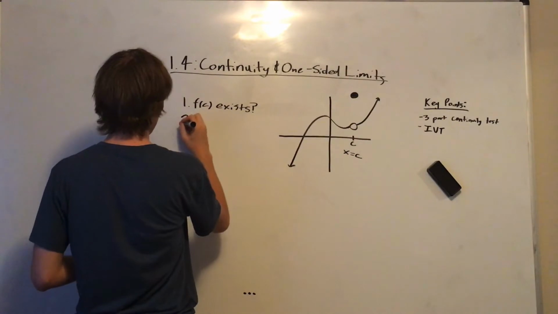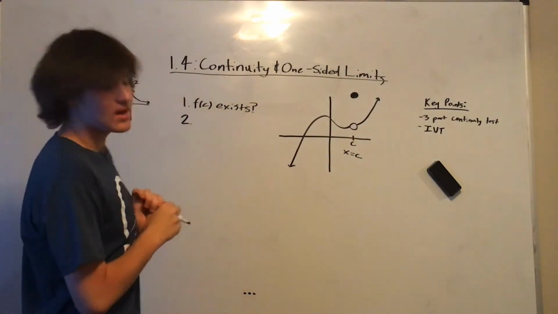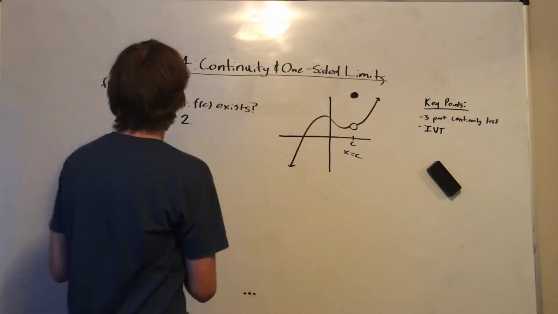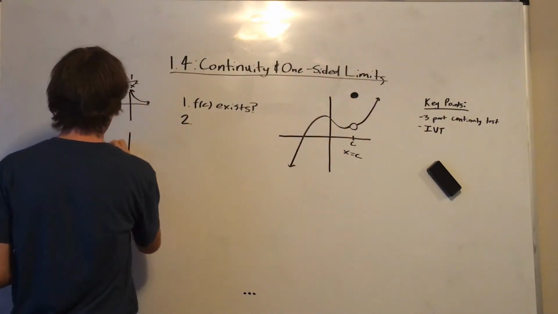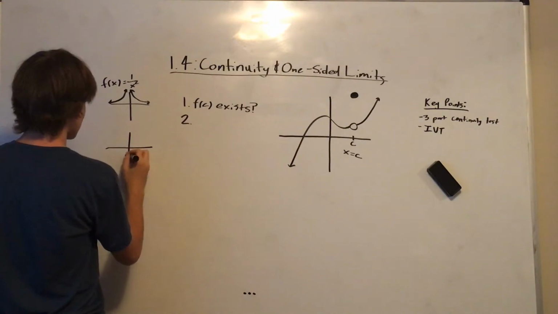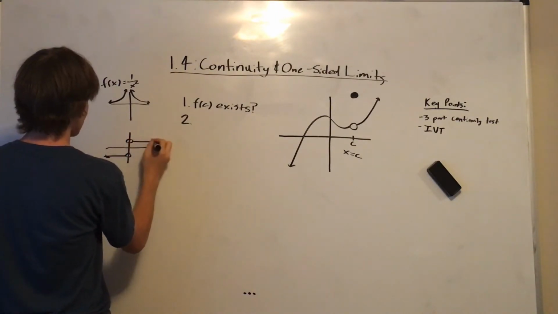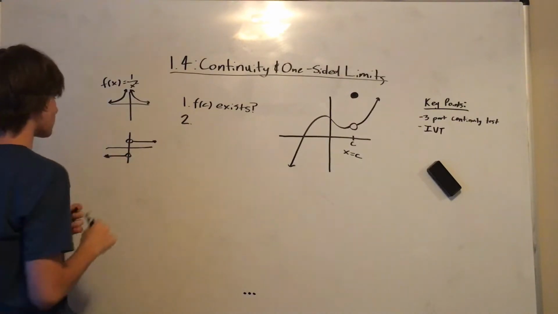A second thing to consider is, is the function approaching the same value from both sides? Because if we have a function over here, like this, I've been using this one a lot, the x over absolute value x function, or vice versa.